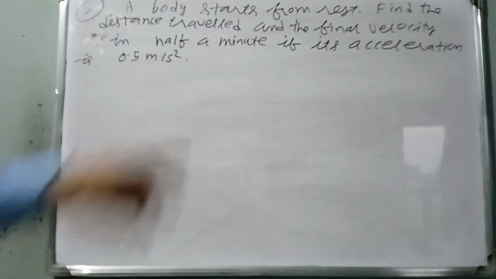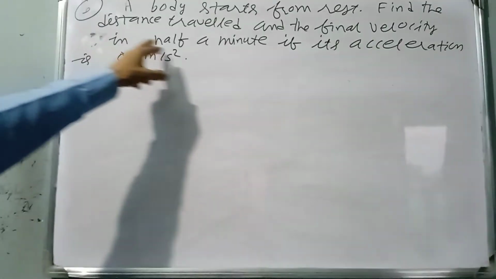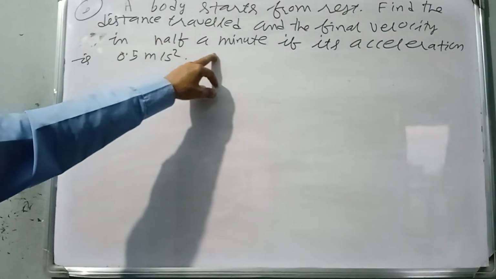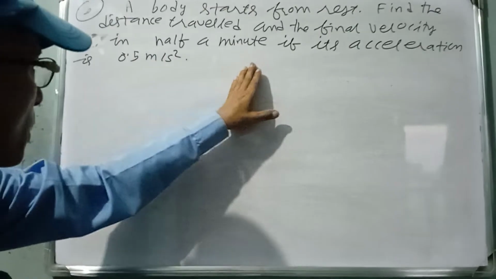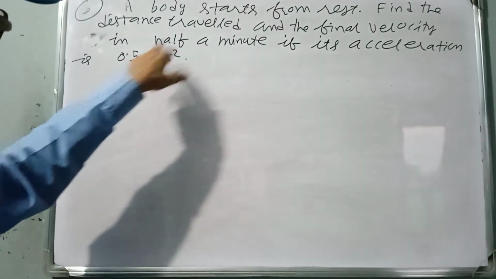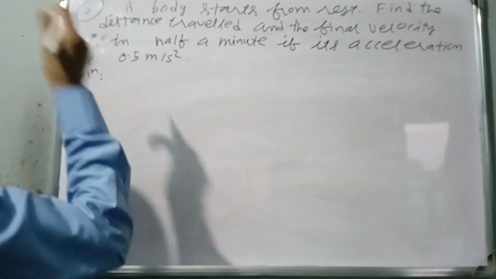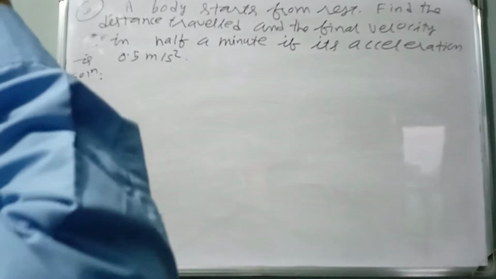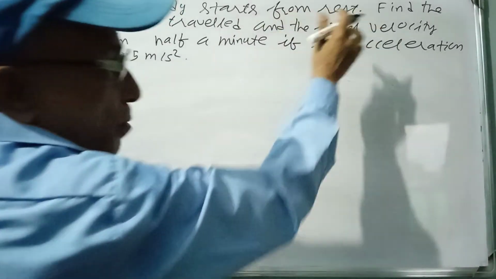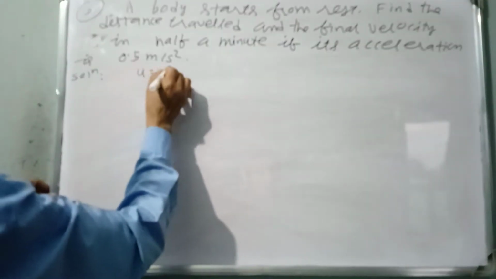What is given? A body starts from rest. After half a minute, means 30 seconds, the velocity is what? Distance travel is what? Acceleration is given. Solution. You can write down the short form. A body starts from rest. Initial velocity u equals 0.